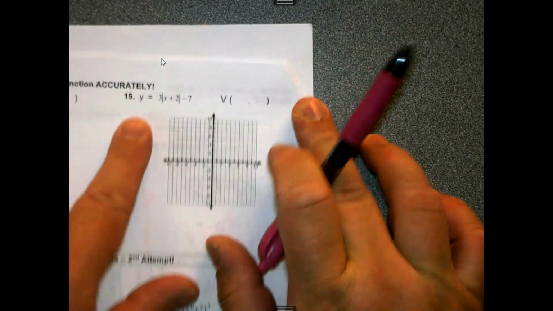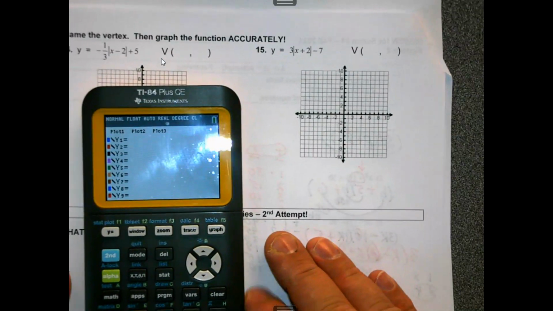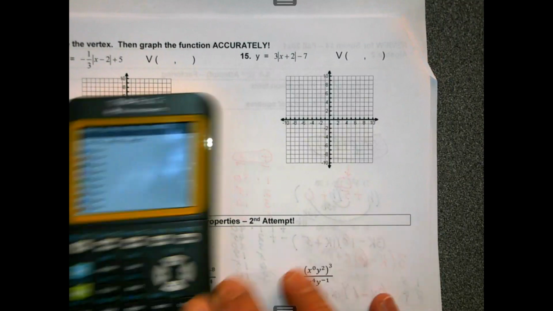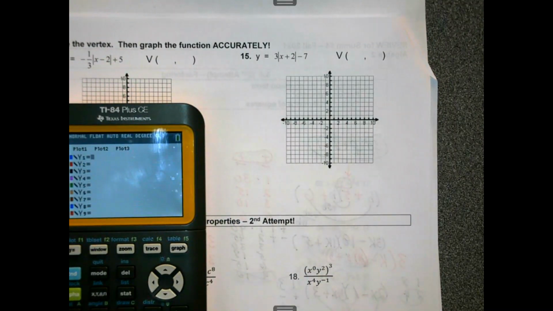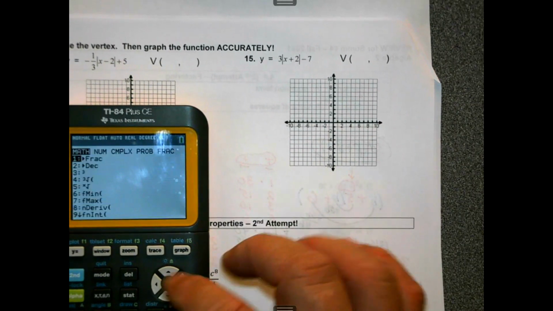Let's go ahead and graph number 15. I'm going to put it in the calculator. So I have 3 times the absolute value.